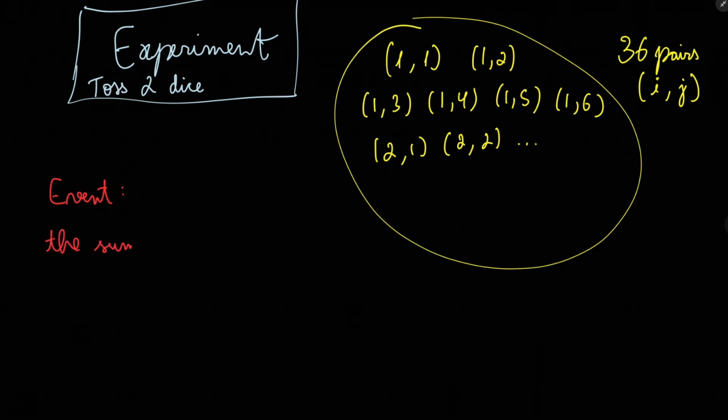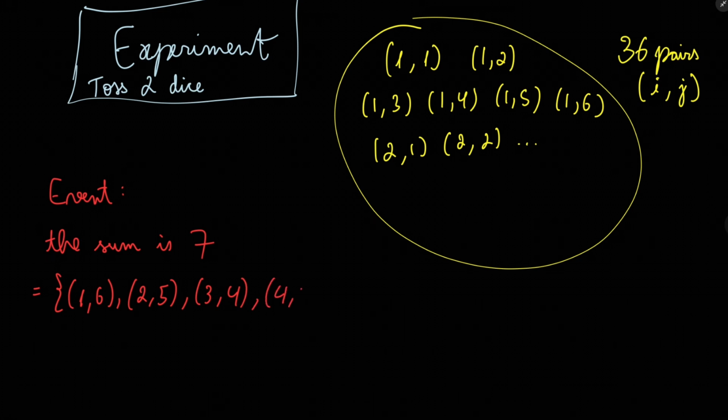Now consider the event: the sum is 7. What are the possible outcomes that fall into this event? Well, this event is the subset of pairs where i plus j equals 7. So it is the set of pairs 1, 6, 2, 5, 3, 4, 4, 3, 5, 2, and 6, 1.